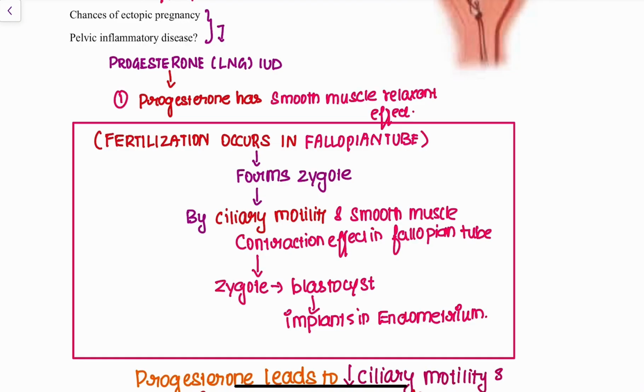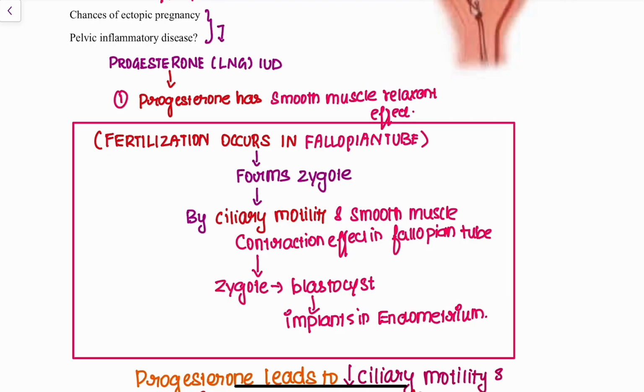Just before, I told you that progesterone has a smooth muscle relaxant effect. But for the implantation of the blastocyst in the endometrium, the zygote has to migrate from the fallopian tube, and for this migration the smooth muscle contractile effect is required, right? In case of failure of this intrauterine device, the smooth muscle contractile effect is going to be lost. Why? Because progesterone is present in this female and progesterone has a smooth muscle relaxant effect.